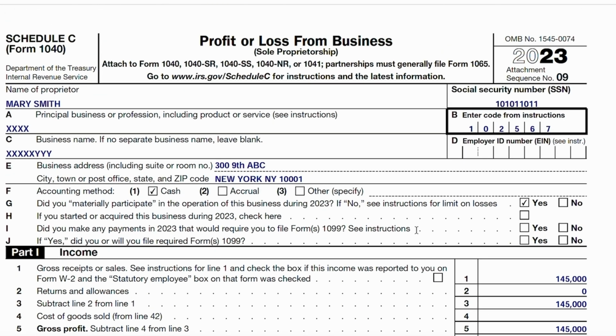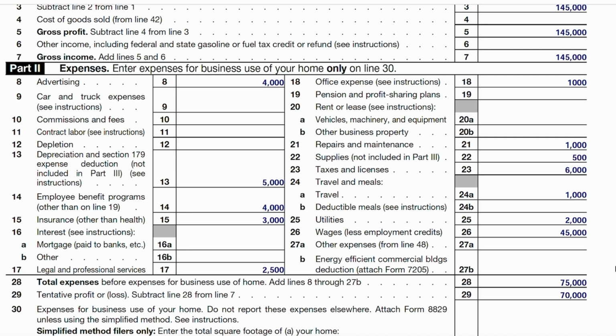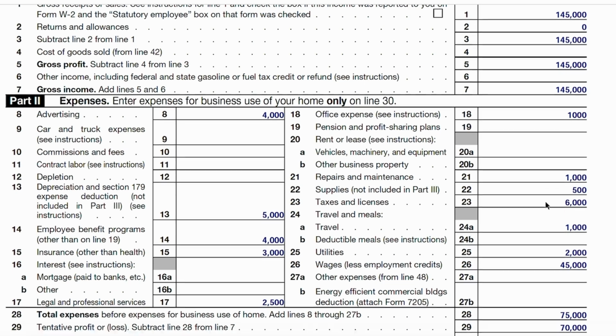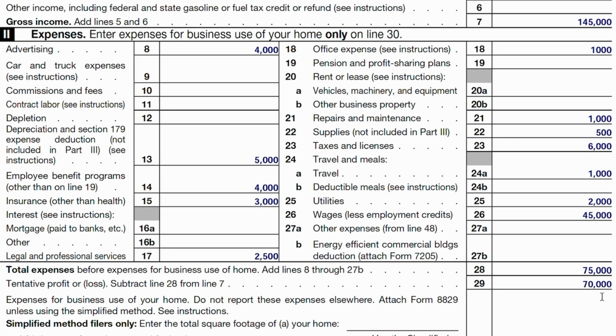Mary Smith would be having a lot of employees, so she paid wages to them, and these expenses sum up to 75,000. So if she has gross income of 145,000 and expenses of 75,000, that leaves us at 70,000 of net income.